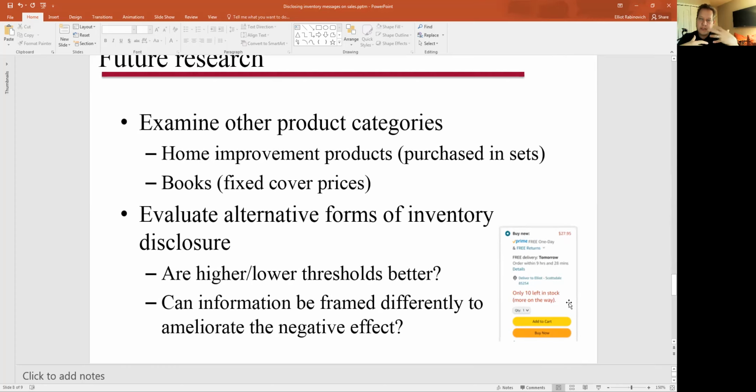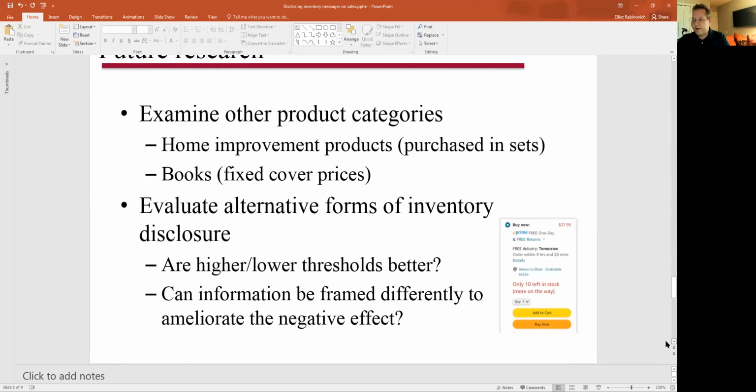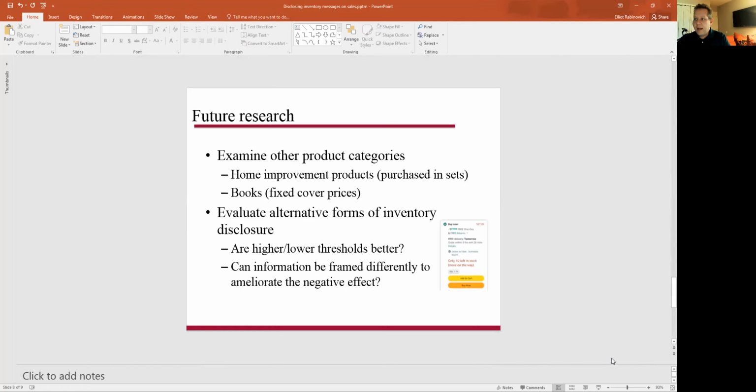So the idea is to let consumers know, yes, we're running inventory low, but we're planning to replenish this inventory. So it's not that we're discontinuing the product or the product is not really high quality. So that may reassure consumers that the product is not undesirable and buffer that negative effect. So those are the 2 areas of research that we thought might be interesting in examining.